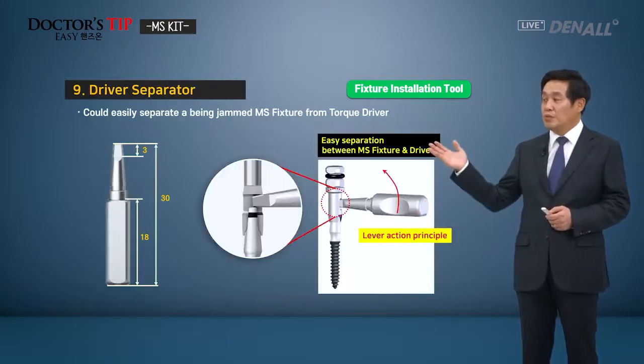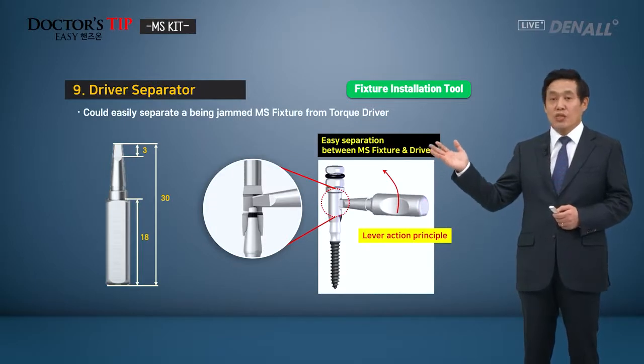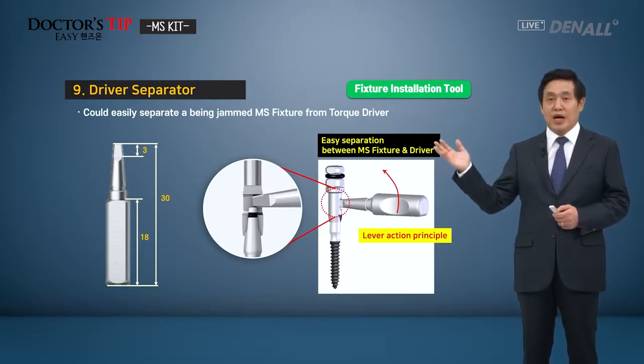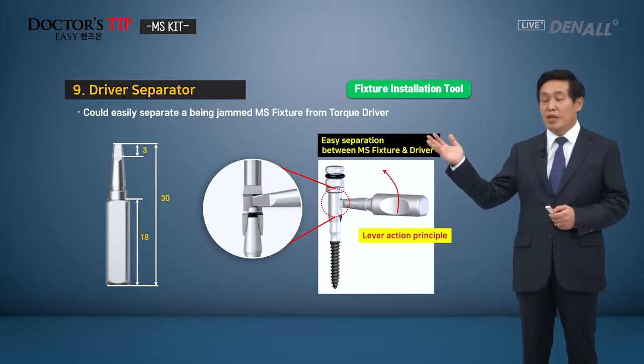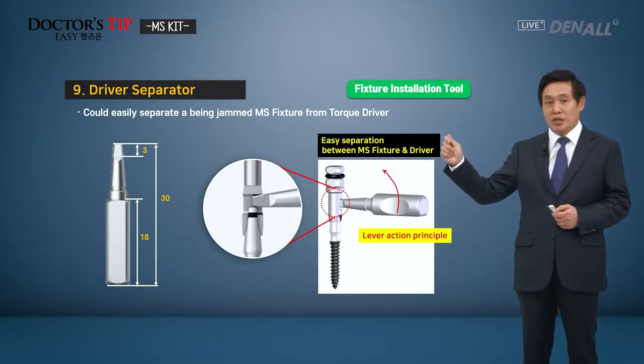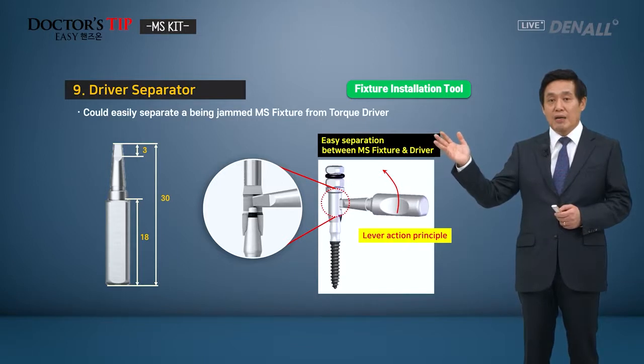And as I said before, just in case, because it's a one-body implant, if you have excessive torque, then the one-body implant in the torque driver could jam. And in case you have jamming, if you try to forcefully take it out, the one-body implant's initial stability can be broken.